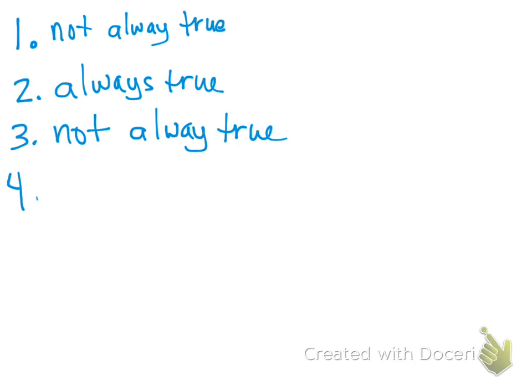Number 4, in a parallelogram, opposite sides are congruent. Does that have to be true? It does have to be true. That's always true. All right, number 5, in a parallelogram, all the angles are congruent. That's not always true.